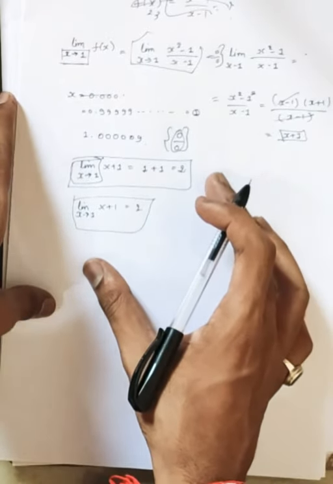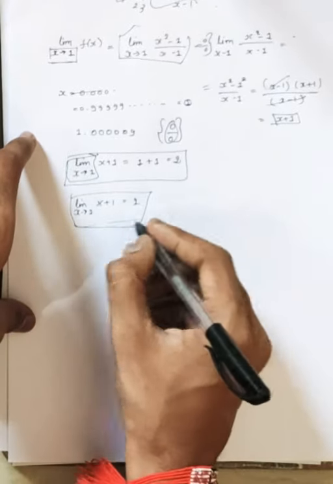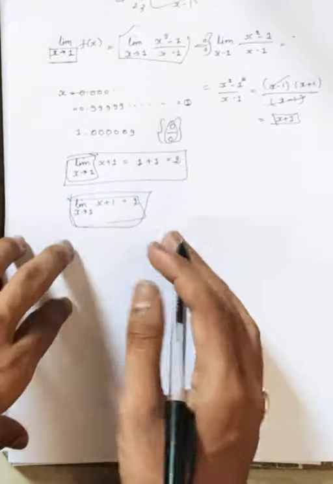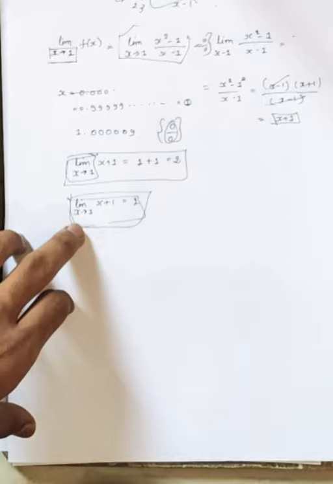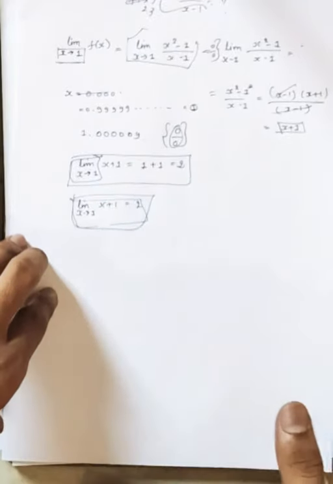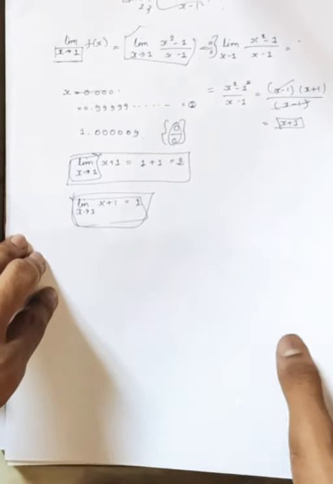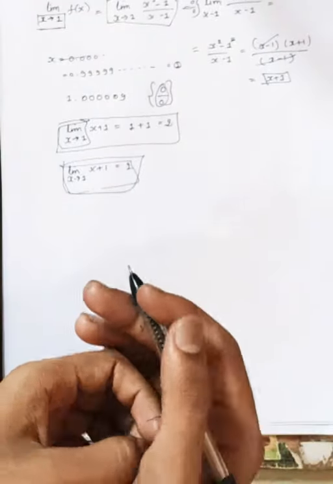Mathematicians were able to eliminate those problems by this concept of limits. Further, in the next videos we will discuss more explanations of limits, and in later videos we have derivatives and all those things, so we will try to discuss all of those.